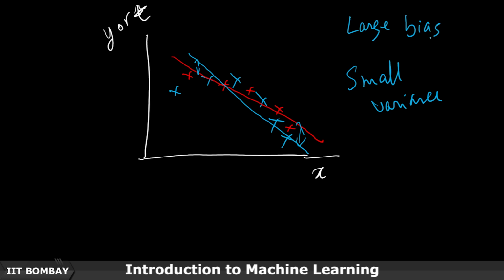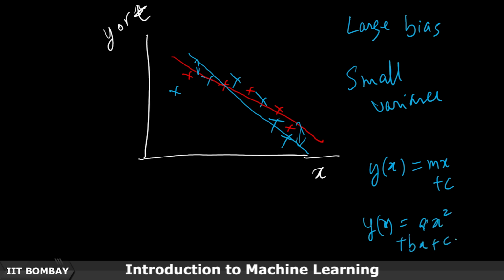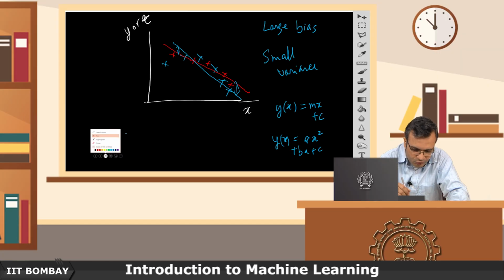So it may have a large bias. Now instead of that, in the first case it was y(x) = mx + c, which is the equation of a line. In the second case, let's say we have y(x) = ax^2 + bx + c, which is a quadratic equation. Now let me try to draw using two different colors, so I will use a dotted line.